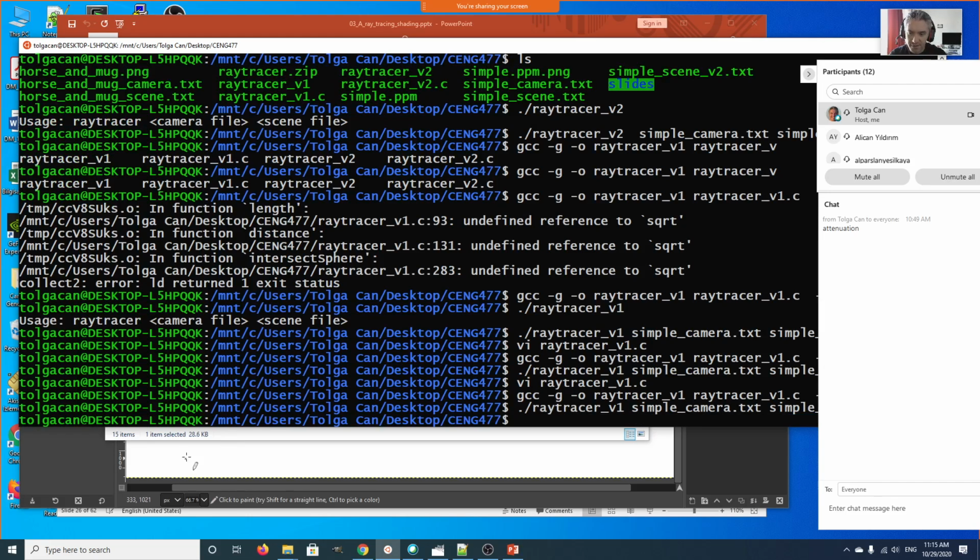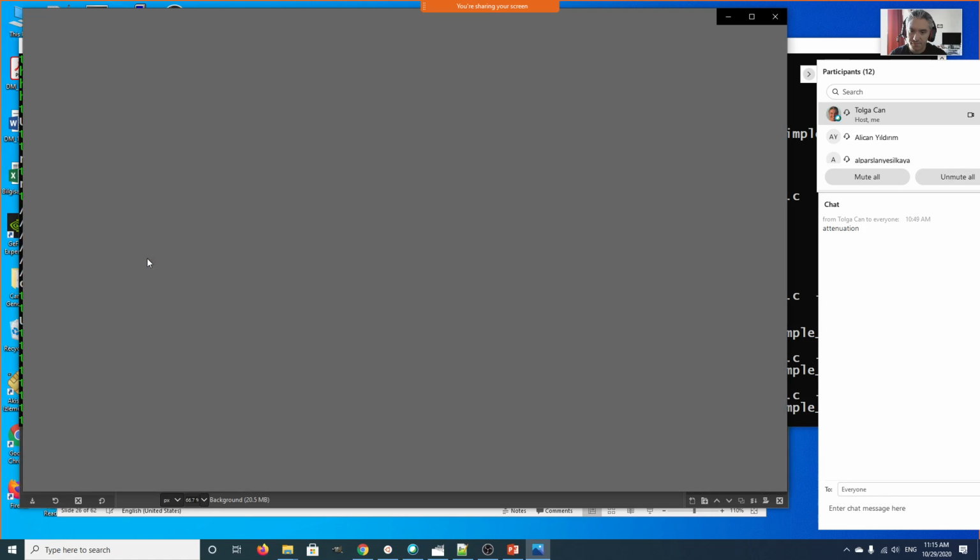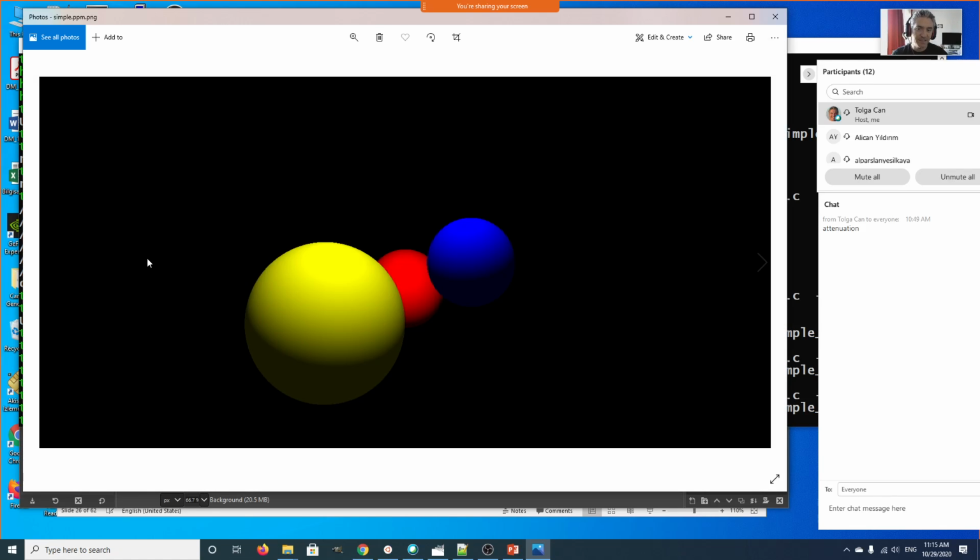All right, now let's see the figure again. You see what happened with the ambient component? The bottom parts of the sphere are no longer black. It's some dark yellowish color. This is what the ambient component is about. It adds some default color to parts of the scene that cannot receive any light.